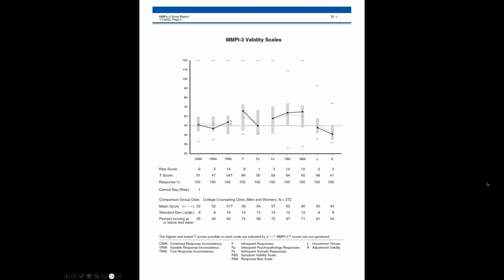And we can see that this is a very typical set of scores on the validity scales for a mental health outpatient. In this case, we're using the combined gender sample of a college counseling clinic. So it's an equal number of men and women in this comparison group, and her score falls right at the comparison group mean on the validity scales.